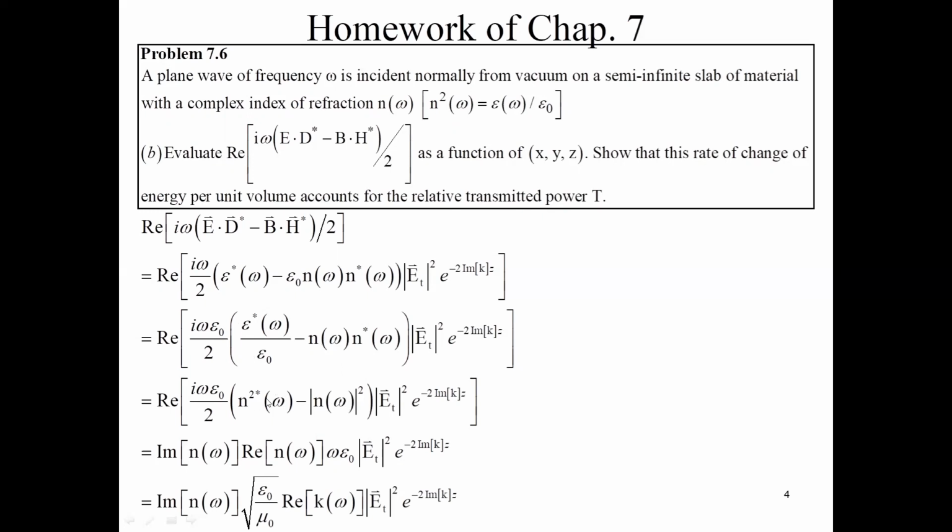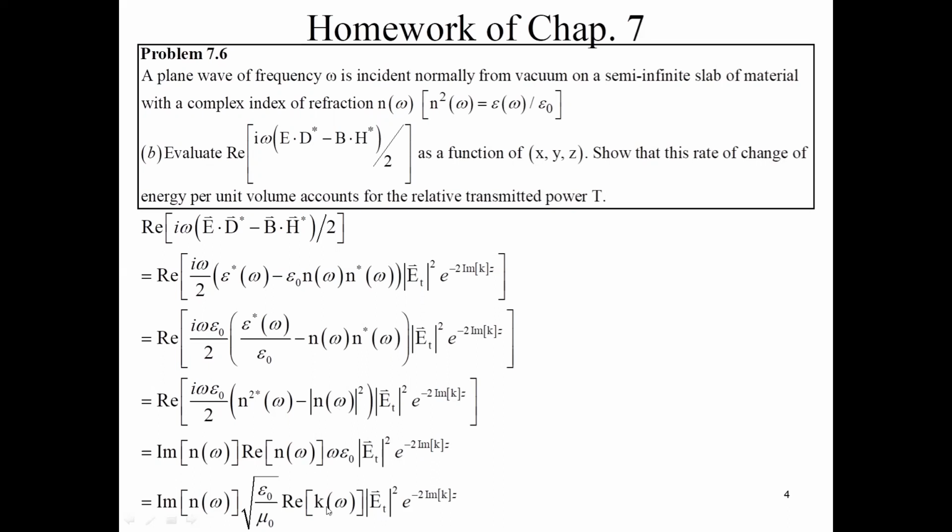So these two terms, if we separate the real part and imaginary part of n, you can easily find by numerical calculation that this formula will equal the imaginary part of n times the real part of n times omega times epsilon 0 times this.